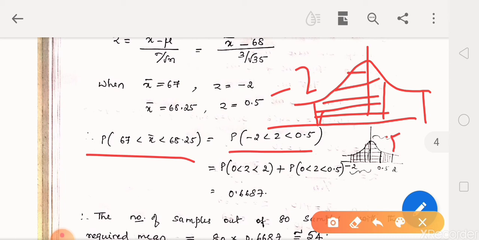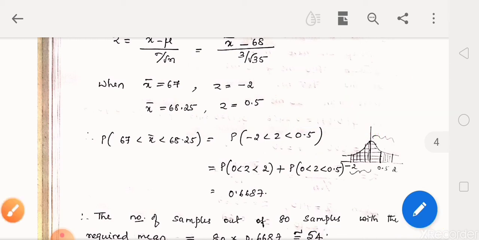So we want the entire area on the right side of the line z equal to 0 till the point z equal to 2. Along with that, we have to consider the area from 0 to 0.5.